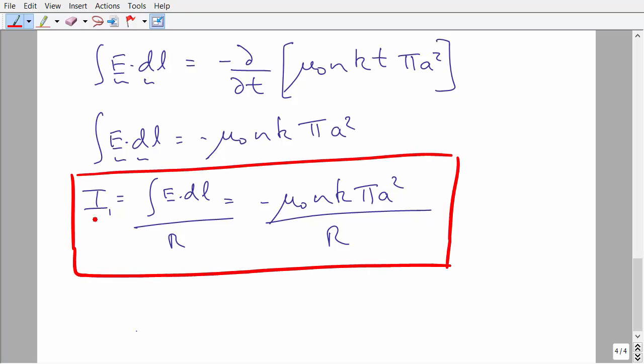All right, so this is our result for the current flowing in loop 1. You'll notice that if K is positive, that is the magnetic field in the solenoid is increasing with time, I1 is in the opposite direction to the current in the solenoid, and if K is negative, that is the magnetic field is decreasing with time, I1 is in the same direction as the solenoid. And you can have a think about that in terms of Lenz's law that you will have come across in your first year lectures.